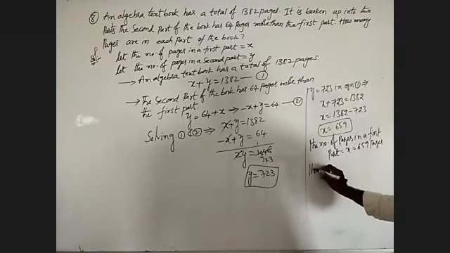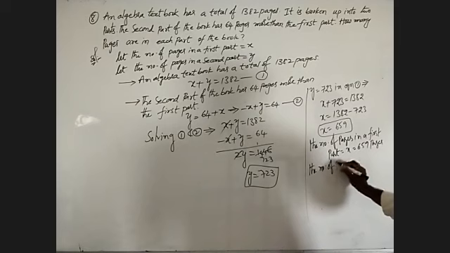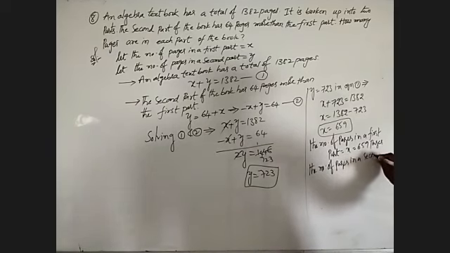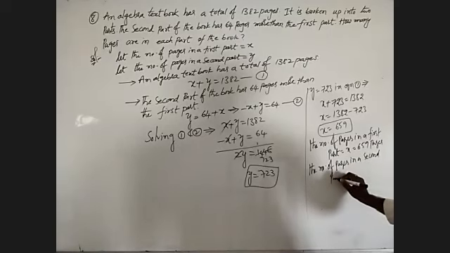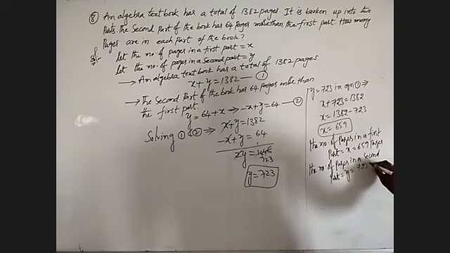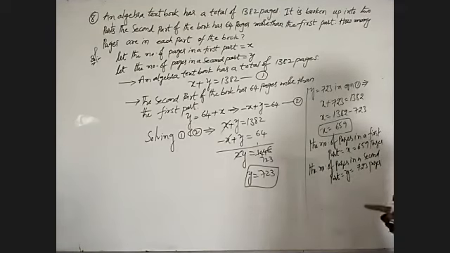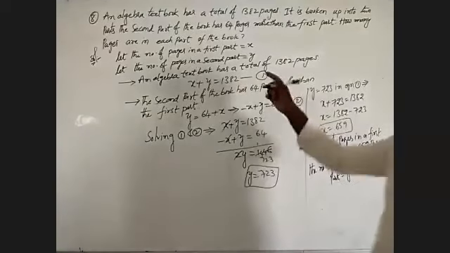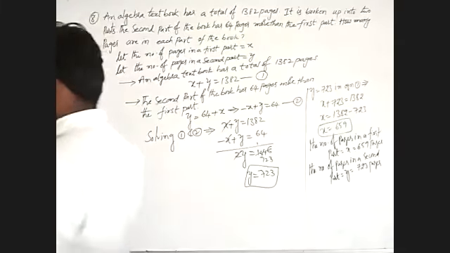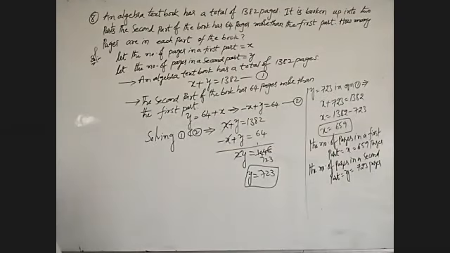After that, the number of pages in the second part, I will take y, where y is 723 pages. The sum of the first part and the second part of the algebra book is a total of 1382 pages. This is also in the given problem.